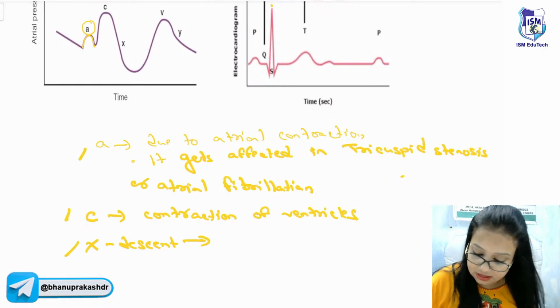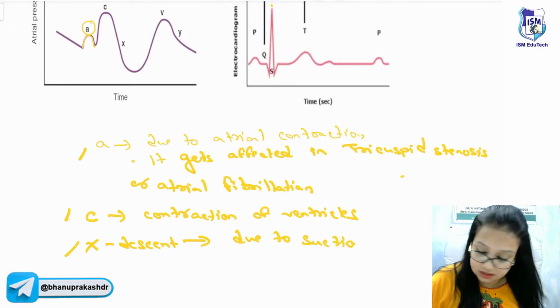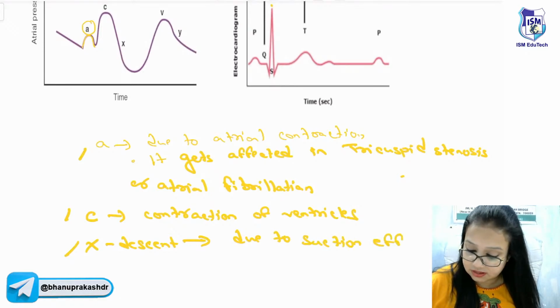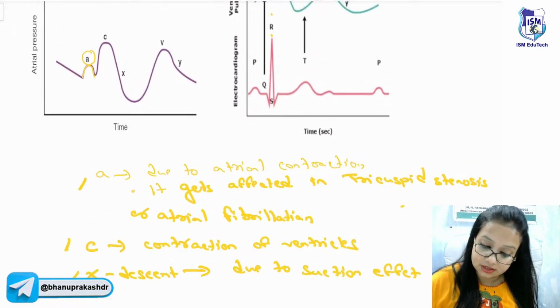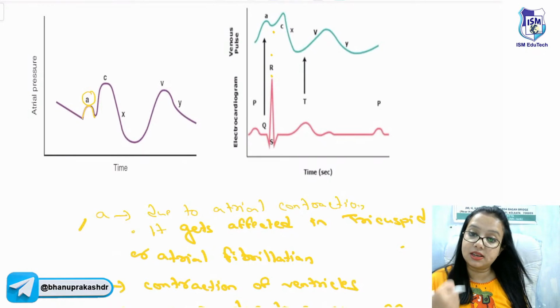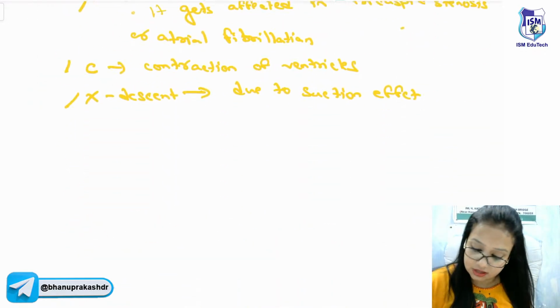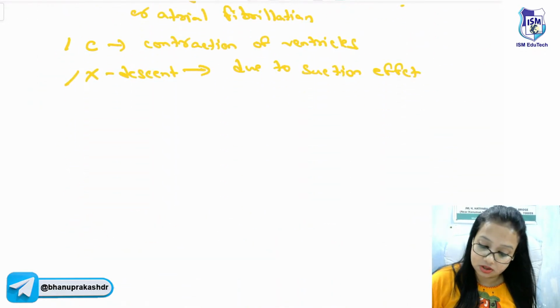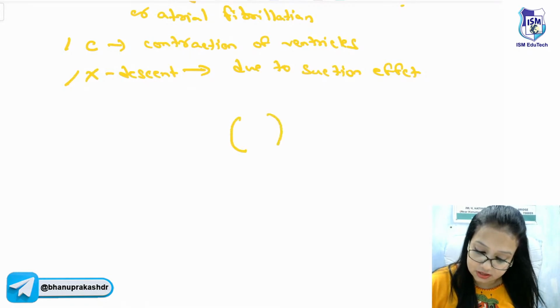Now, X descent is due to suction effect. Suction effect means what? When there is emptying out of the ventricle, the ventricles are connected to the atria, right?